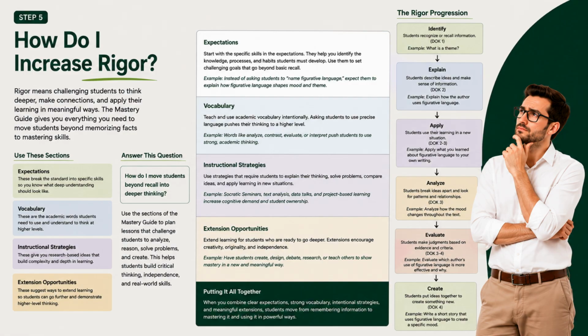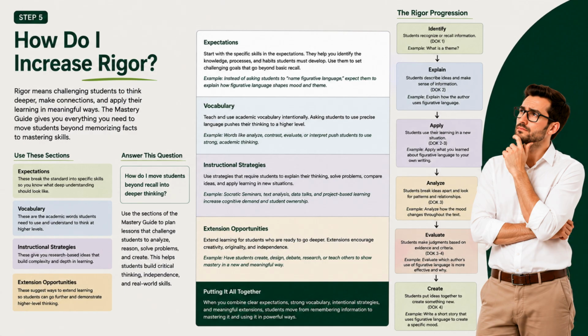Then intentionally teach and reinforce the academic vocabulary students need to express their thinking. Next, select instructional strategies that require students to explain, compare, justify, solve problems, and apply their learning in meaningful ways. Finally, provide extension opportunities for students who are ready to go deeper by creating, researching, debating, or designing something new.